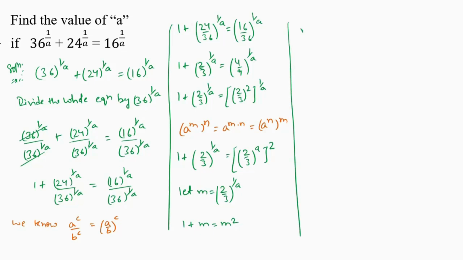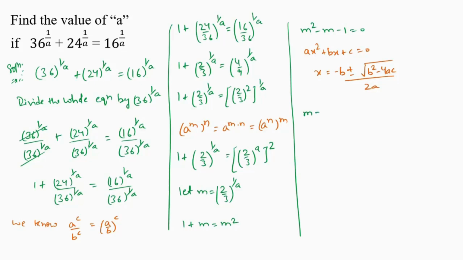So this can be written further as m square minus m minus 1 equals 0. Now we can find the value of m by applying the quadratic formula, which states that if an equation can be written as a x square plus bx plus c equals 0, then x will be minus b plus minus under root b square minus 4ac, divided by 2a.